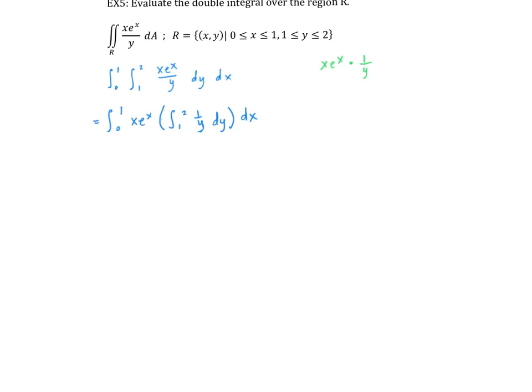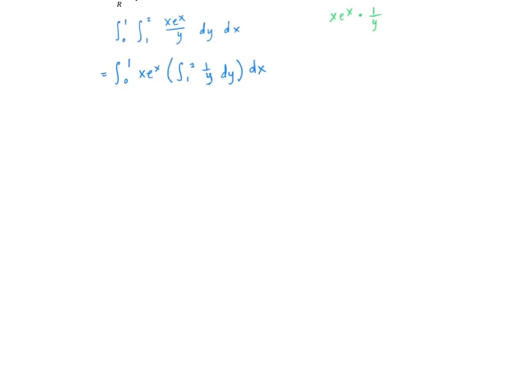Just because I don't want to keep writing it in there, it kind of gets in my way. This will be the integral from 0 to 1 of x e to the x. Now this integral, 1 over y, that's natural log. So this becomes a natural log of absolute value, remember? To keep those absolute values on until you look at your limits of integration.